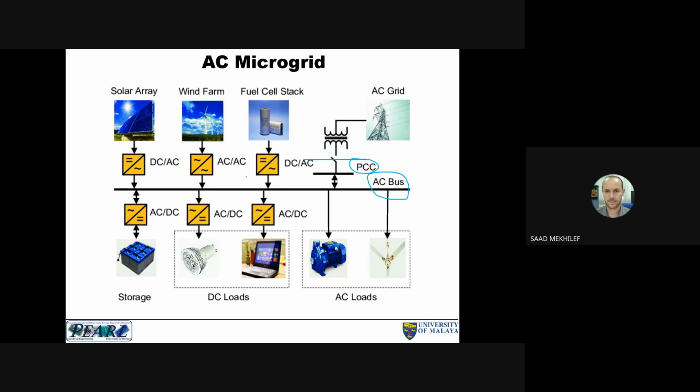All of these are converted, for example batteries, wind, and these are the loads. Most of them, for example here, are AC loads. So that's how you decide what will be the best configuration for your system.